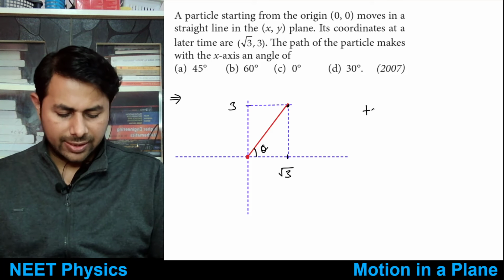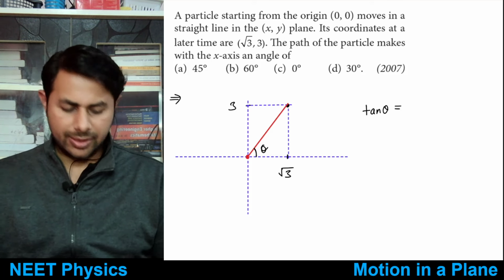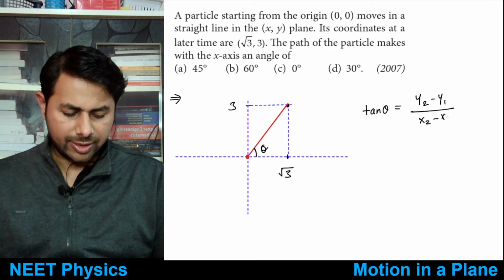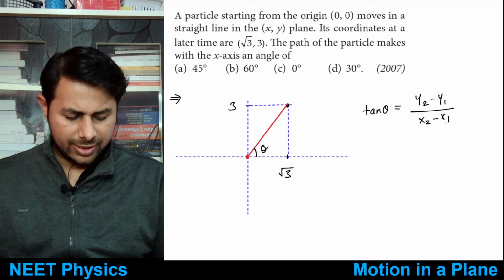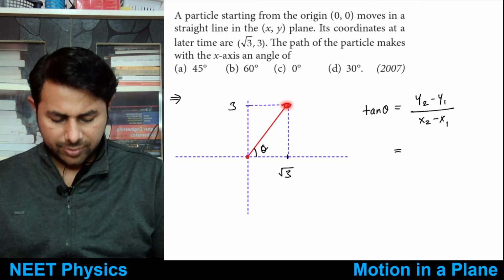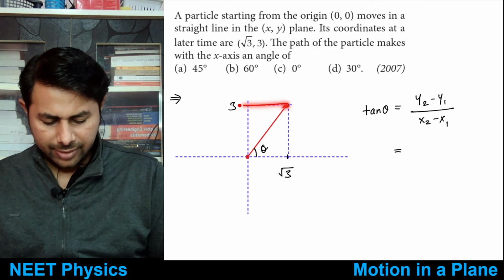You can always say tan of theta is equal to what? It is y2 minus y1 divided by x2 minus x1. It's option B, let's check. What is y2? y2 is the y position at this time, that's 3.